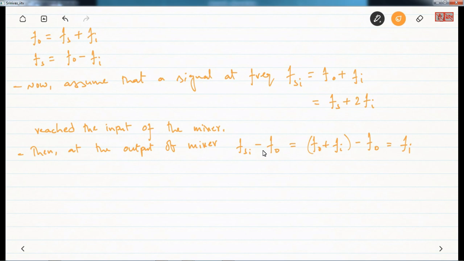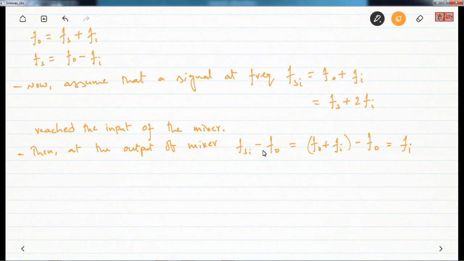We know we have tuned only to the signal Fs, but due to some imperfections in our input selection circuit, another signal at Fsi, another radio station, has also reached the input of the mixer.